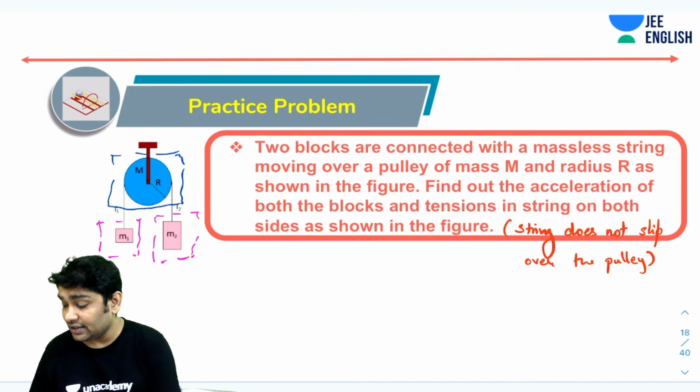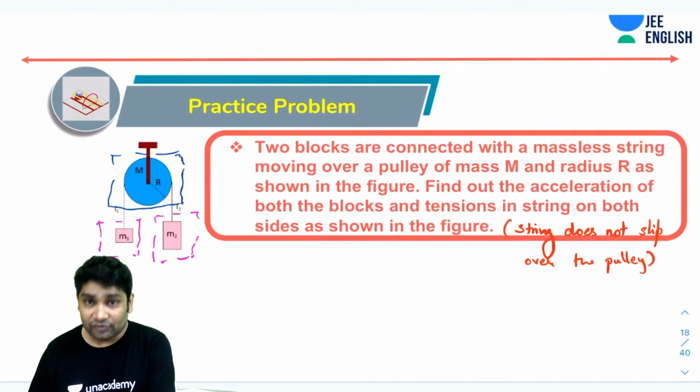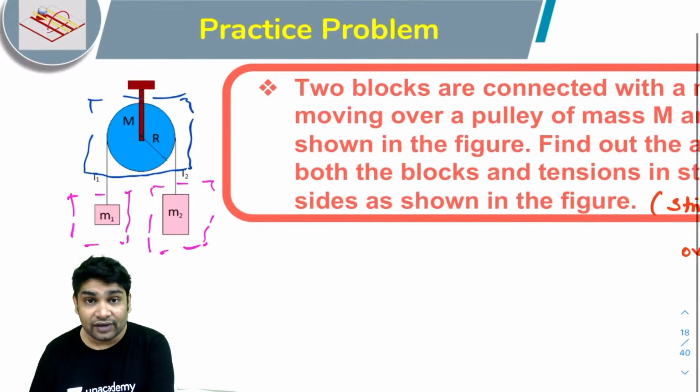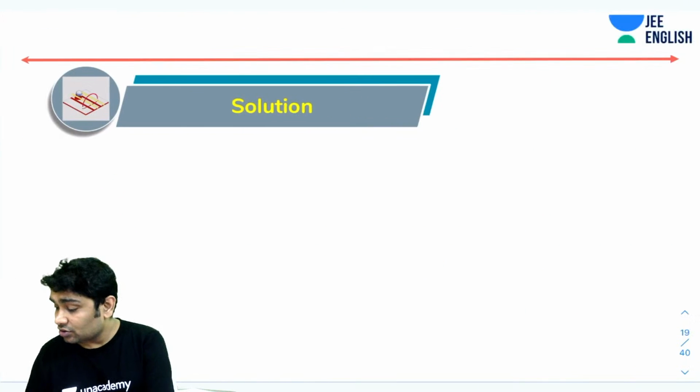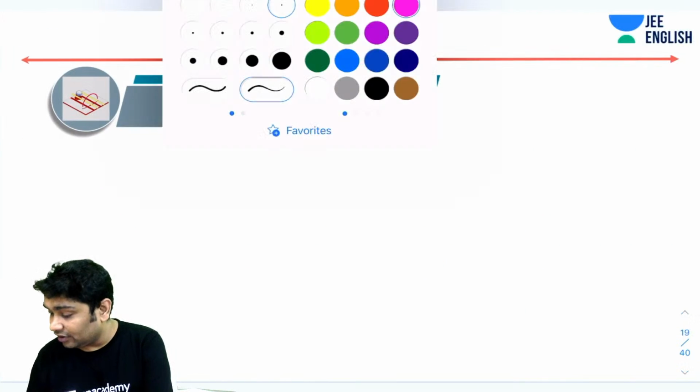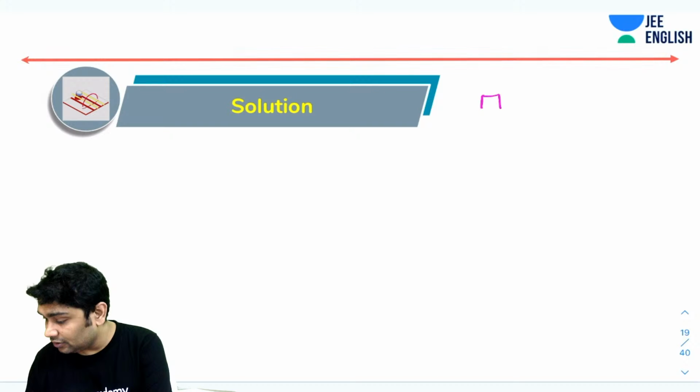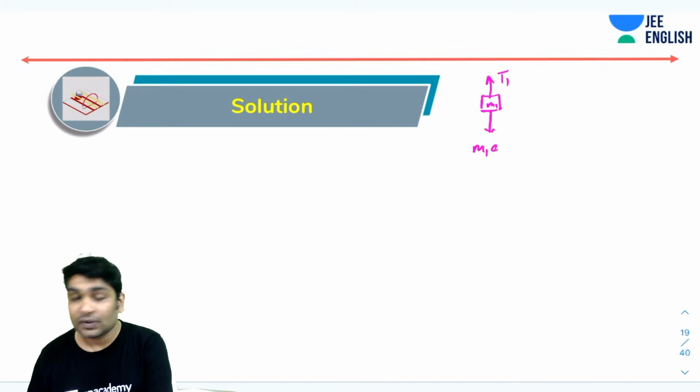So let's draw the FBD of M1 first. M1 has a tension T1 acting upwards and the force M1G acting downwards. So this is your M1. It is feeling a tension T1 upwards and a downward force of M1G.